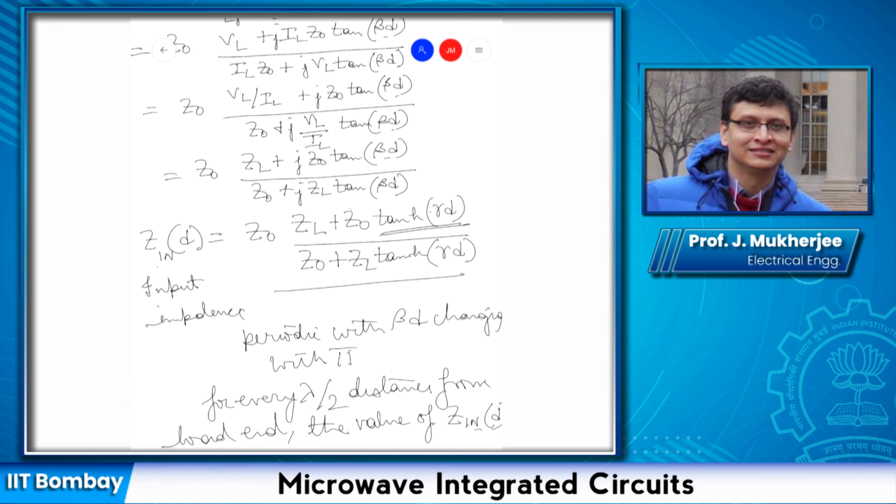So here periodic with beta d changing. So every time beta d increases by pi, as you can see from this expression, it will repeat itself.